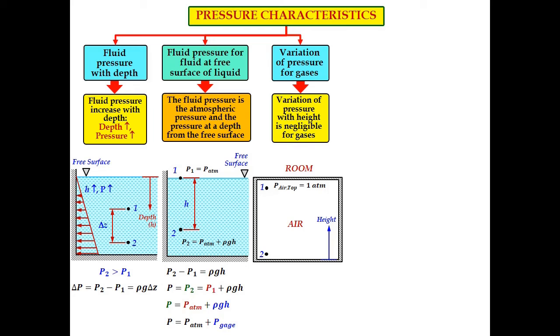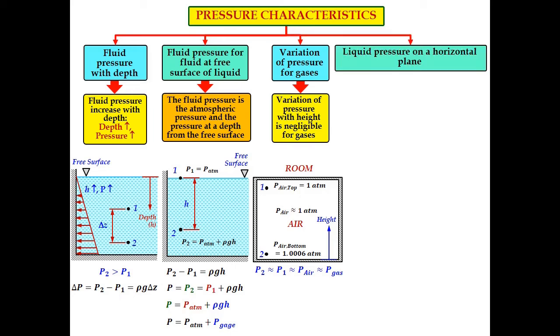The lowest point in the room, P2, refers to the air pressure at the bottom. We can see that the value is 1.006 atm. This is for air. We can conclude that the air pressure is more or less equal to 1 atm. That's why we have the statement that the variation of pressure with height is negligible for gases. So P2 is more or less equal to P1, equal to P air, equal to P gas.